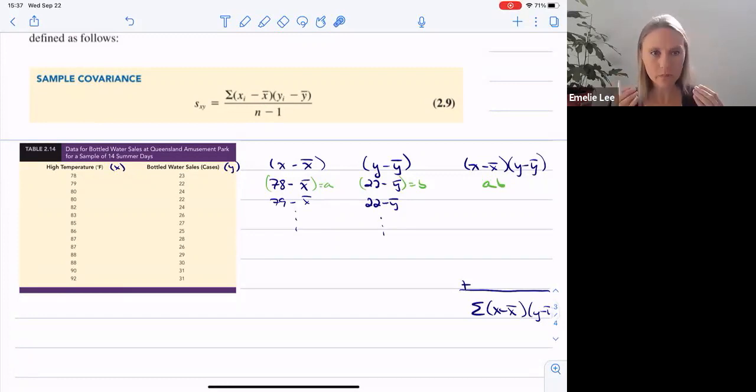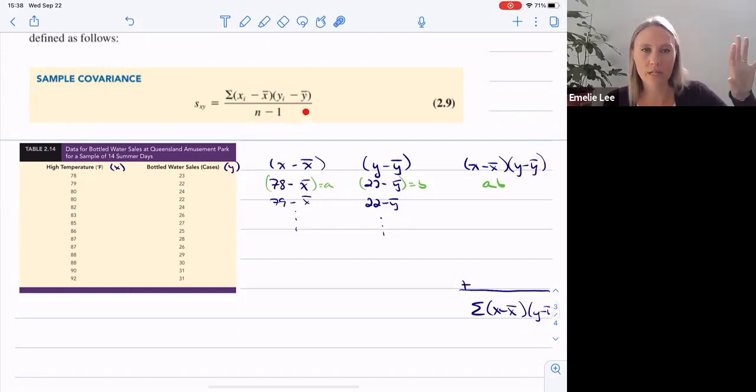And the n minus 1, like I was kind of mentioning, I haven't looked into the covariance exactly, but I'm guessing it's the same explanation as why we do it for the standard deviation, which is that it's just an attempt to get a better estimate for the population.